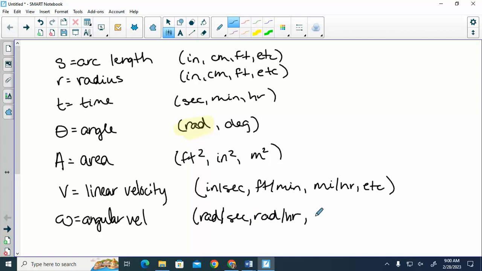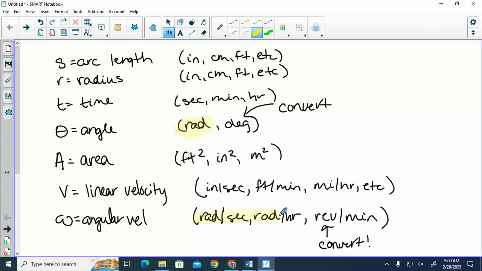It could be in revolutions, but if it's in revolutions, you have to convert it first. Just like if your angle is in degrees, you have to convert. We always have to have radians if we're going to talk about theta or omega. All right, so those are all the variables we use. The formulas will be given to you.